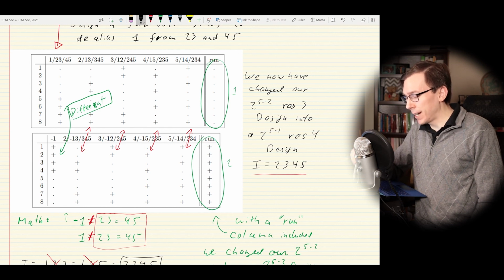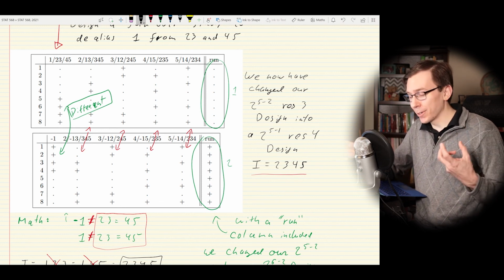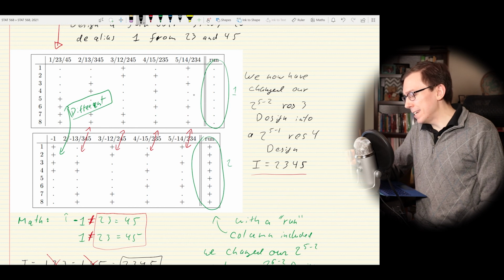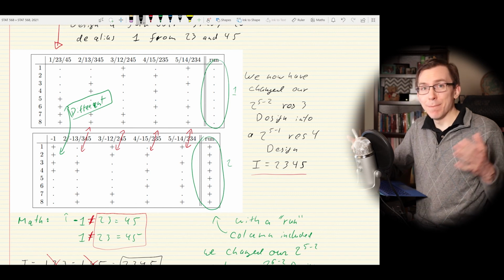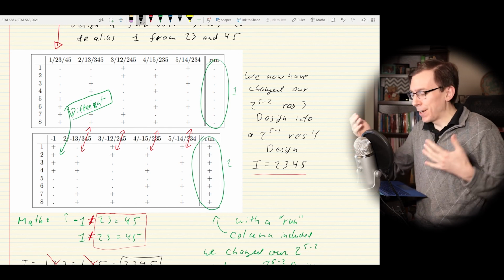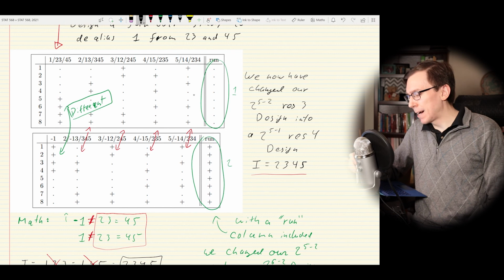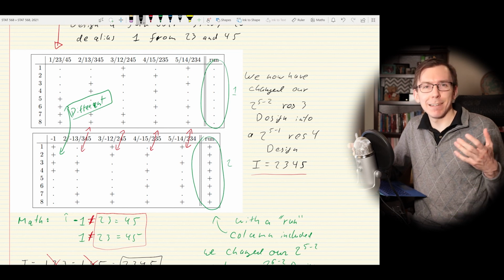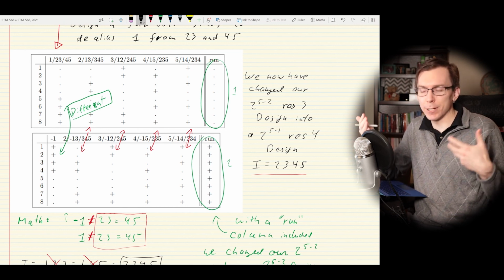If I do a dot product between any two distinct columns, I'm going to get 0, because I'm going to have the exact same number of minus minuses, minus pluses, plus minuses, and plus pluses being multiplied together. So effectively, a dot product between these two gives something like +4 minus 4 equals 0.